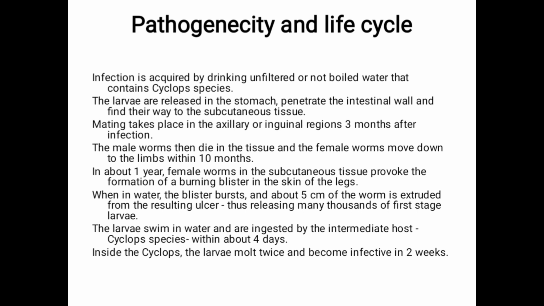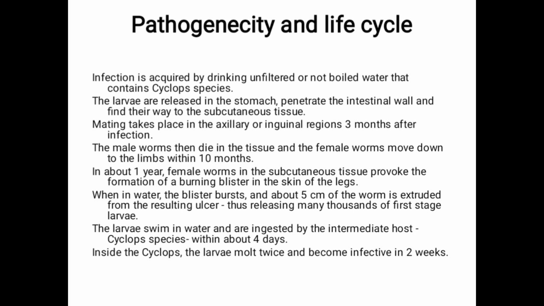The pathogenicity and the life cycle of Dracunculus medinensis. Infection is acquired by drinking unfiltered or unboiled water that contains Cyclops species. The larvae are released in the stomach, penetrate the intestine wall, and find their way to the subcutaneous tissue.